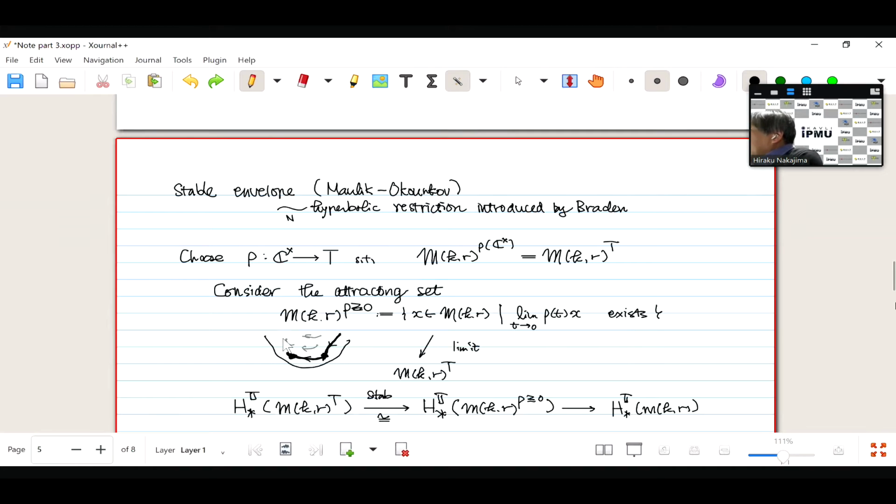This is a picture when M is the cotangent bundle of P1, so this is T star P1. This red line is CP1.